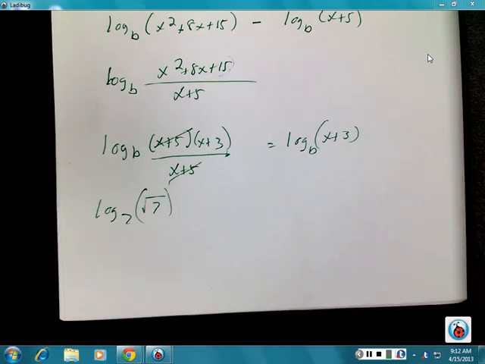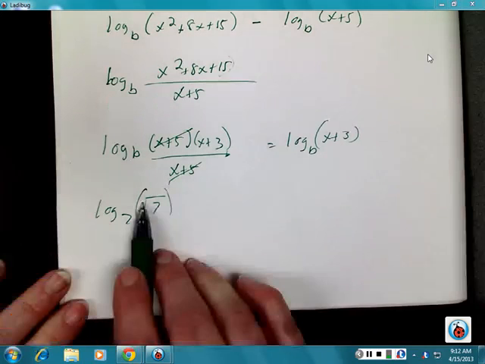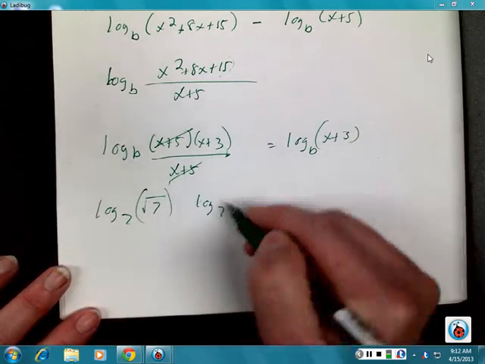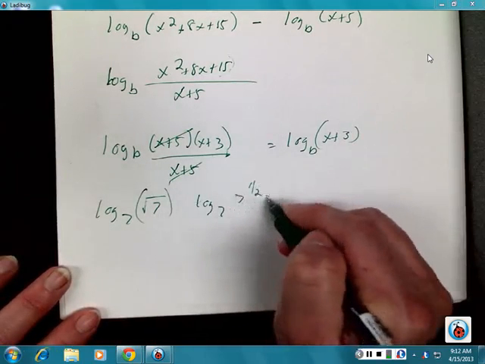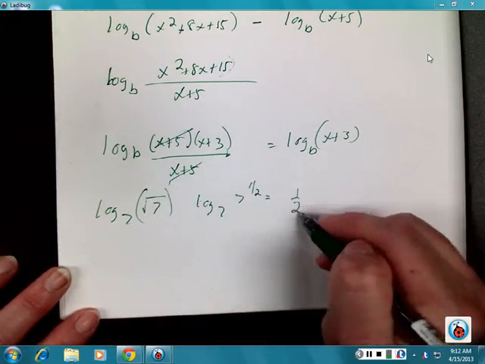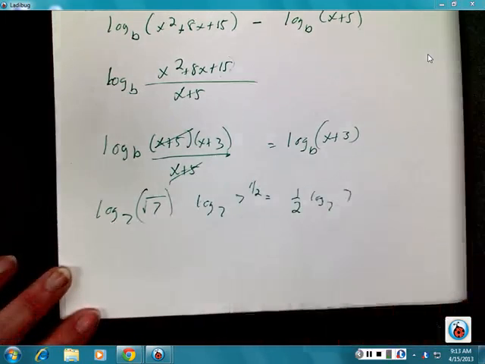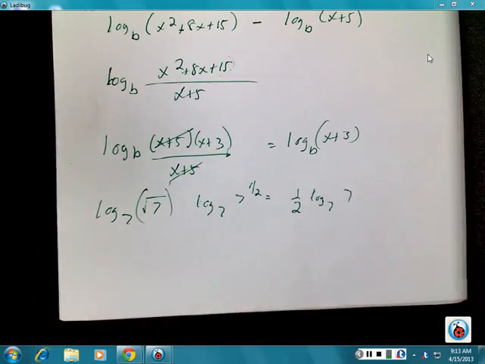What was square root as an exponent? Or square root of 7? Well, it's a half actually. So this is log 7, 7 to the 1/2 power, or it's just simply 1/2 log 7, 7. And that's all it's asking you to do, because you have a power on there. You just need to bring it forth and put it at the beginning with that one.